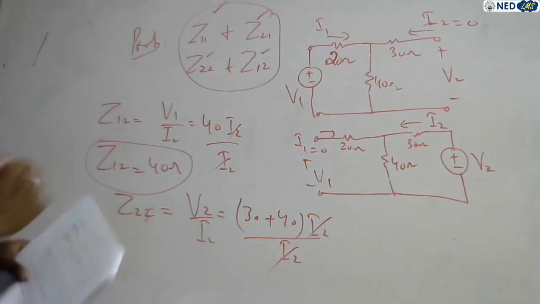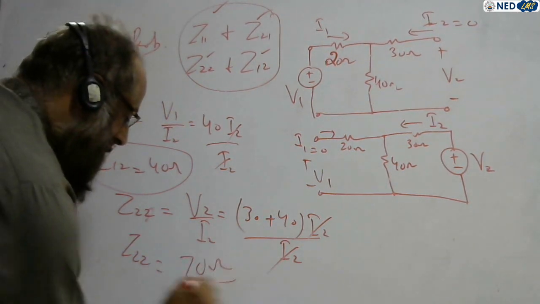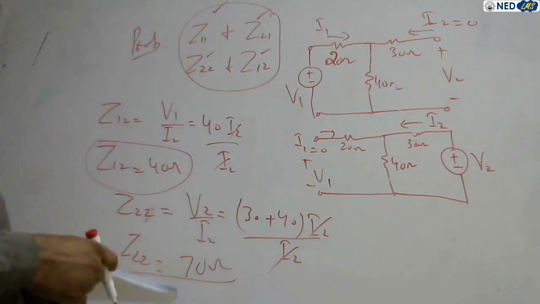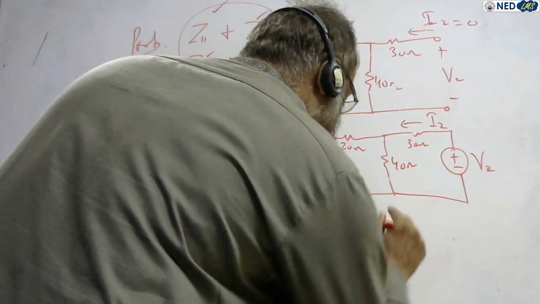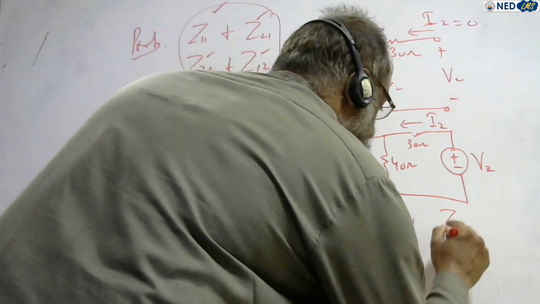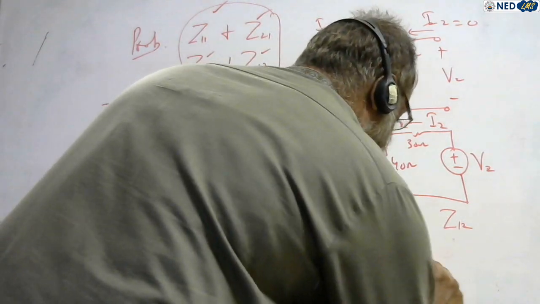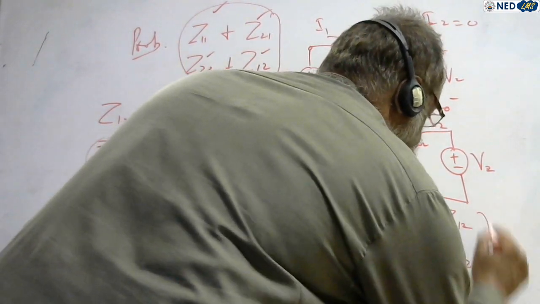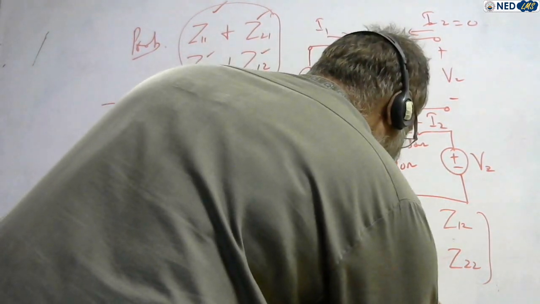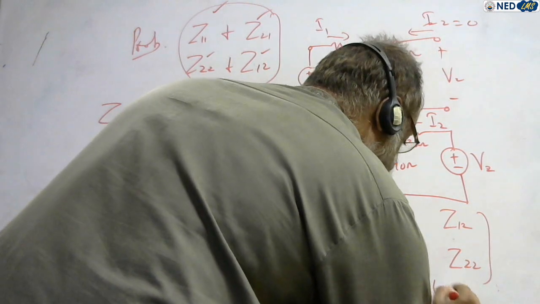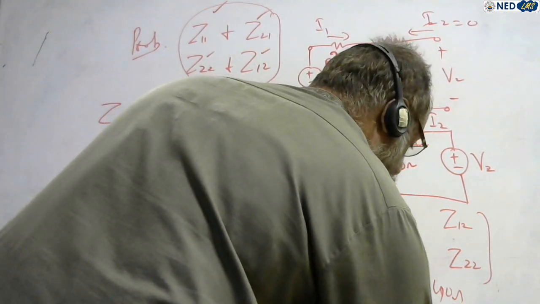I2 cancels, so Z22 equals 70 ohms. We may write the impedance matrix form: Z equals Z11, Z12, Z21, Z22, so Z equals 60 ohms, 40 ohms, 40 ohms, and 70 ohms.